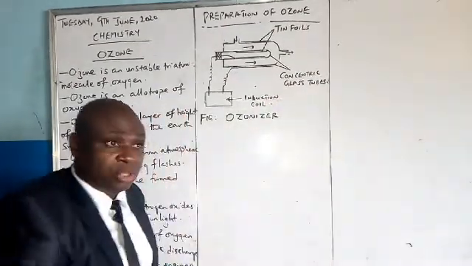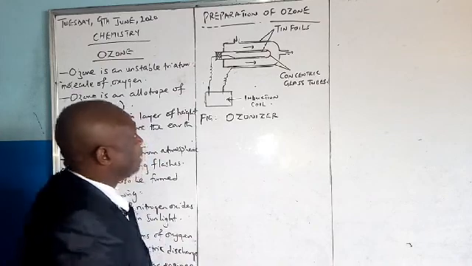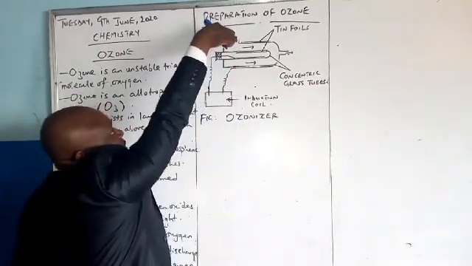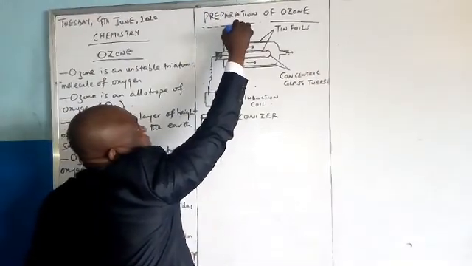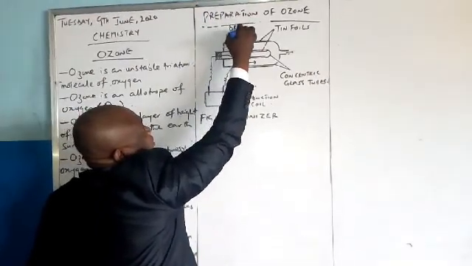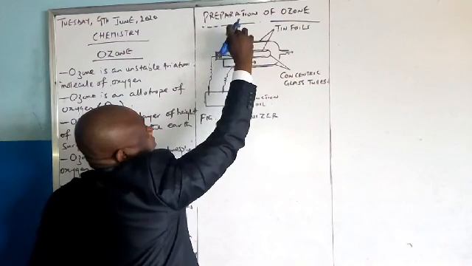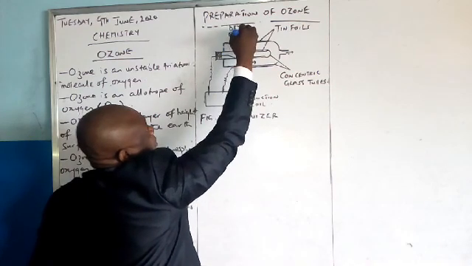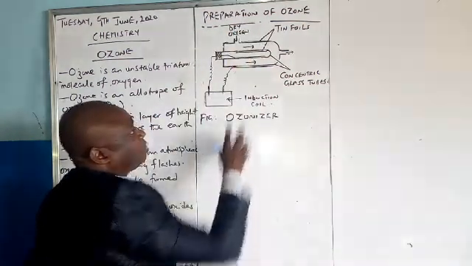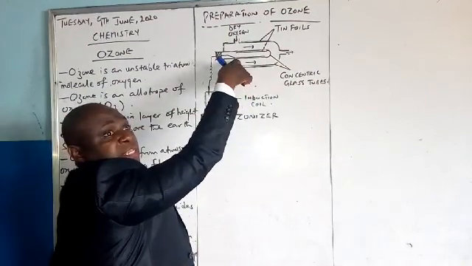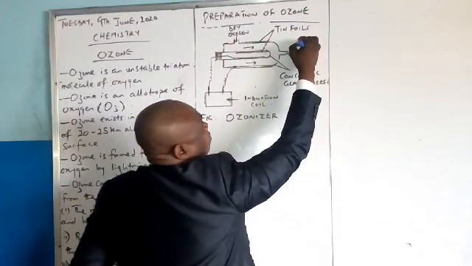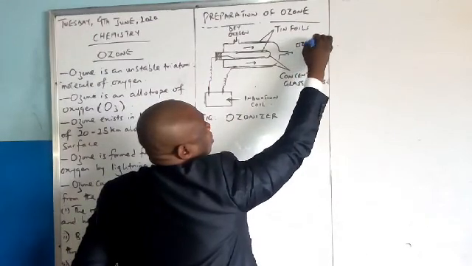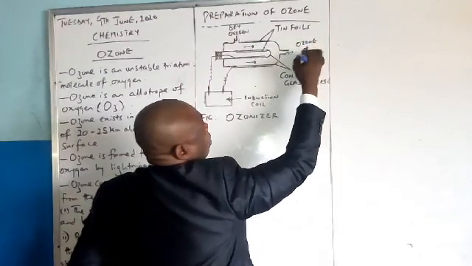It's just a sketch of the ozonizer. On one part of the ozonizer, you have an inlet where dry oxygen is passed through. Once that process starts taking place in the inner tube of the equipment, the products we are going to have are ozone and oxygen as well.